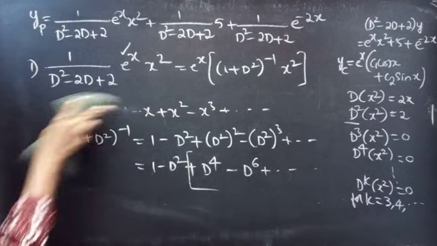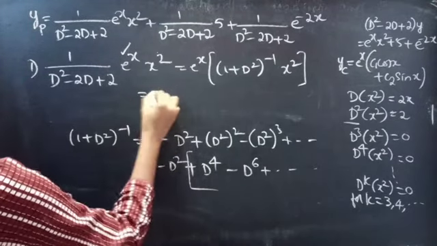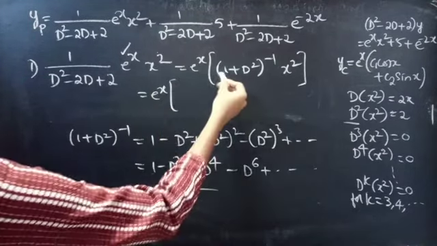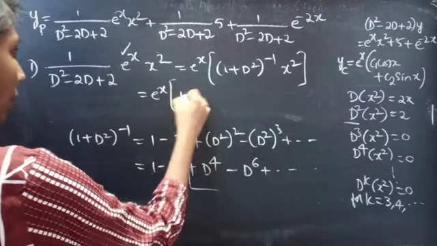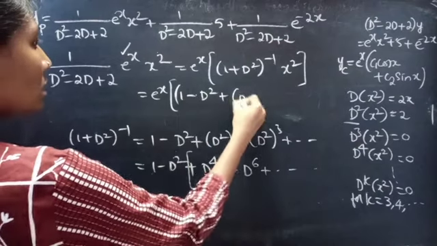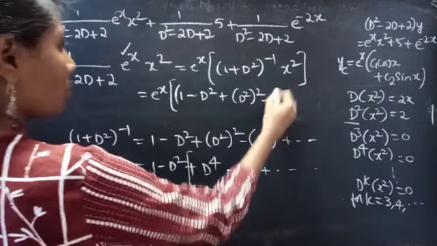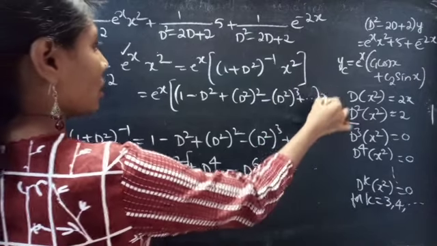Now coming to the problem, this is equal to e power x into, now expand 1 plus D square whole inverse, which is 1 minus D square plus D square whole square minus D square whole cube plus so on into x square.